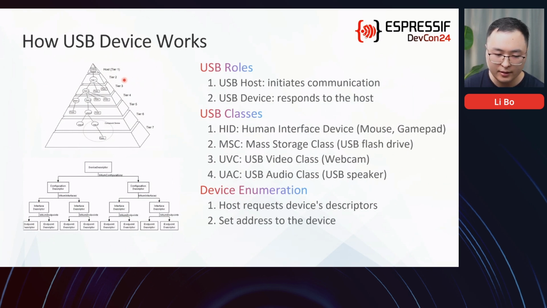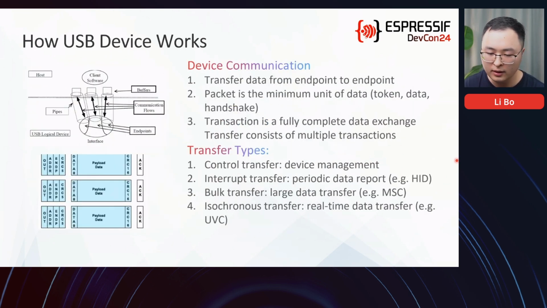So when a device is connected to the USB system, the host will first enable the device, get the descriptor, and give an address to the device. The address is used for further communication. And data transfer always happens from endpoint to endpoint. The packet is the minimum unit of data.